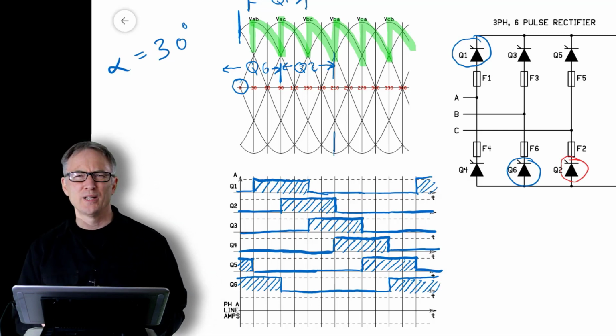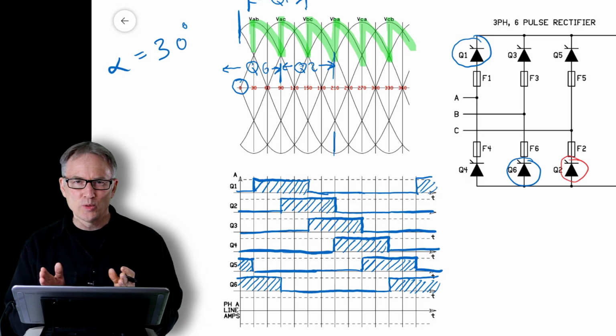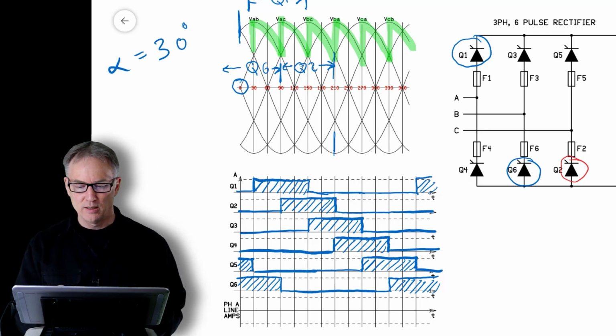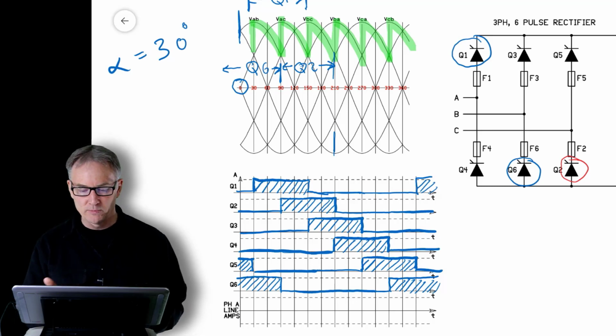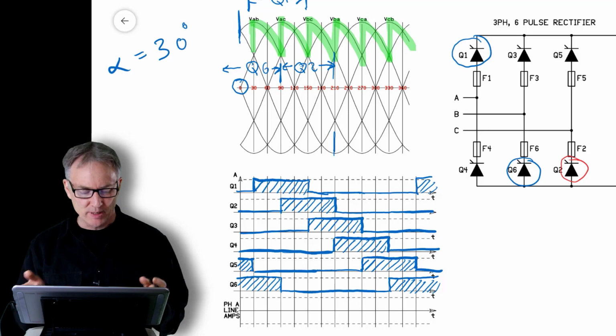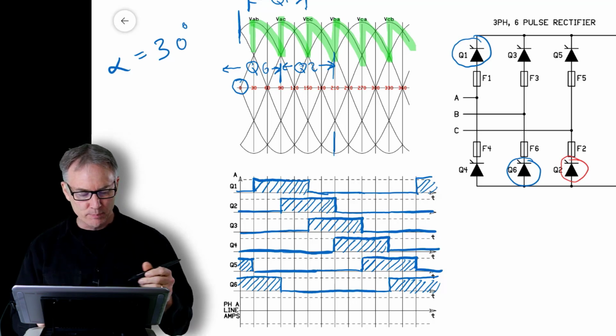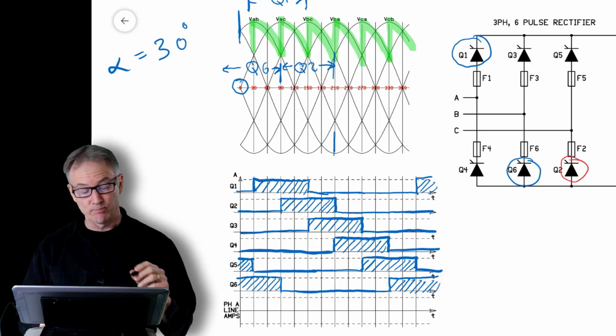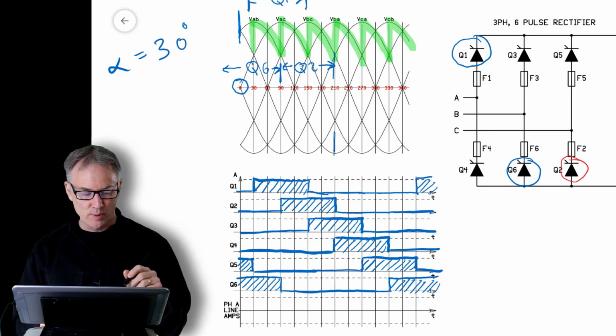Now, if you're wondering, why do we sequence the labeling here in this picture? If you look at the schematic, you'll see that the top 3 SCRs are Q1, Q3, Q5, and then the bottom devices, Q4, Q6, Q2. And it seems like kind of a weird sequence, but look at our timing chart. I've put them in order of Q1, Q2, Q3, and so forth.